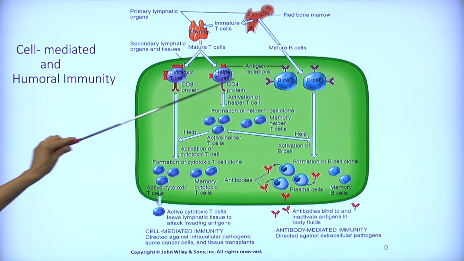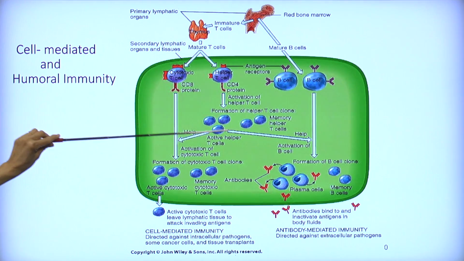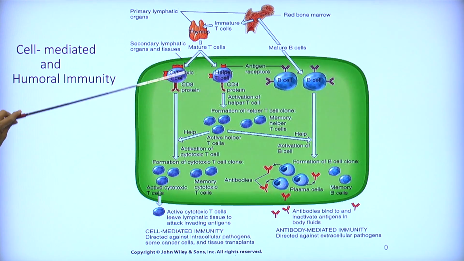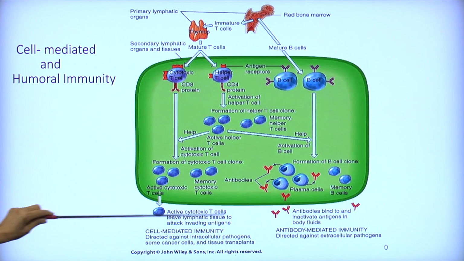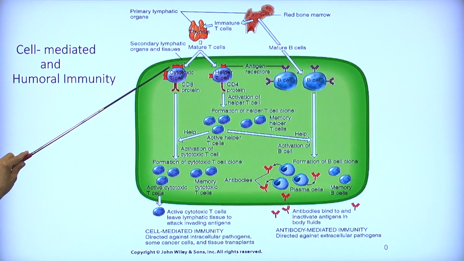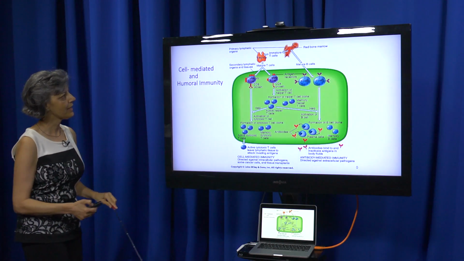And again, the process, the activation with the help of the helper T will result in cytolysis, in cell-mediated immunity, production of antibodies in humoral immunity. We will look at the antigen receptors and the CD4 and CD8 proteins to understand these.